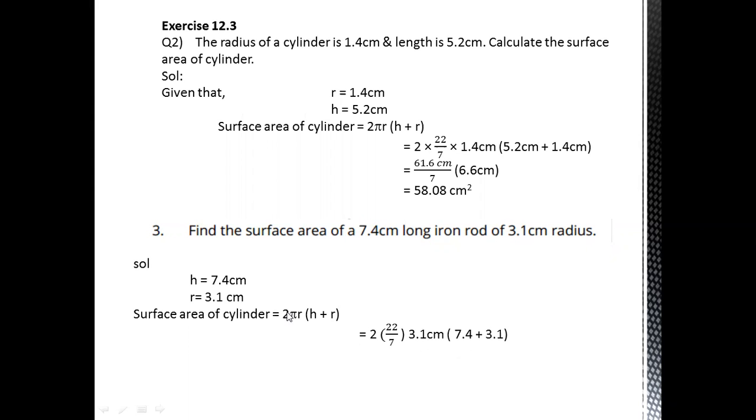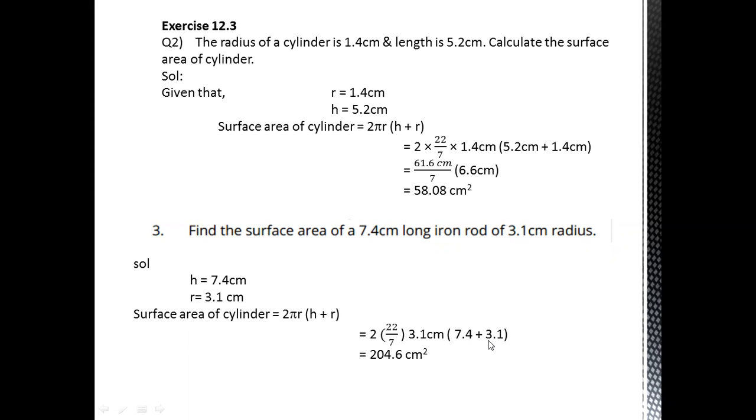So 2, value of pi 22 by 7, value of r 3.1 centimeter multiply with bracket 7.4 h value plus r value 3.1 centimeter. Now this 7.4 and 3.1, first you add them because it's given inside the bracket.